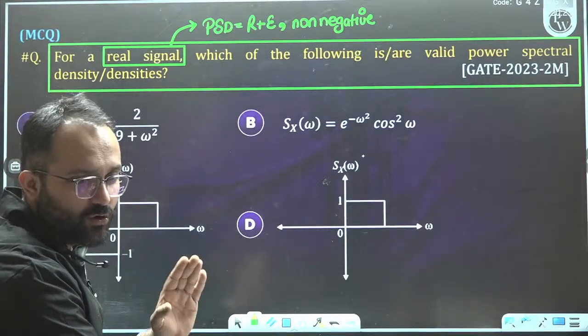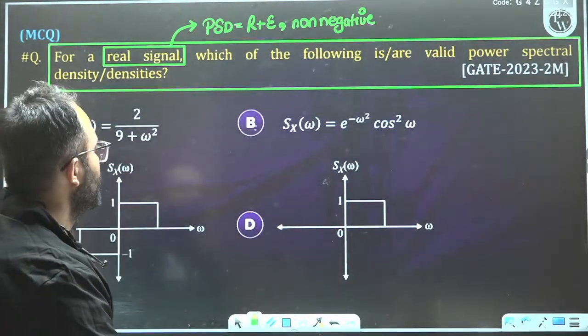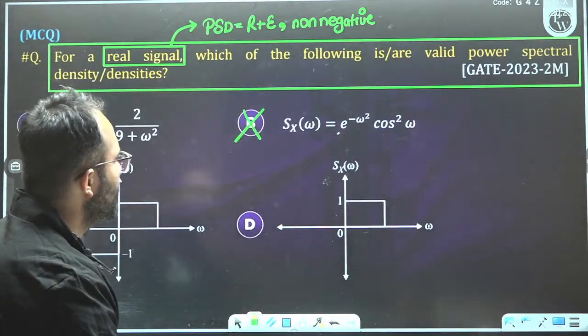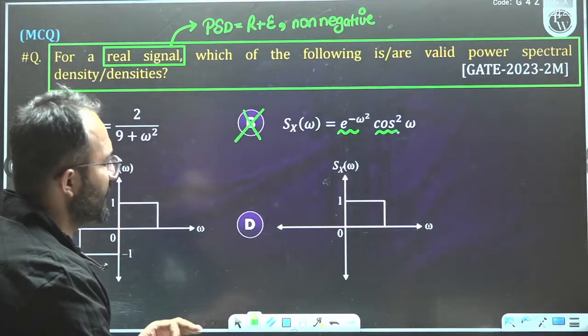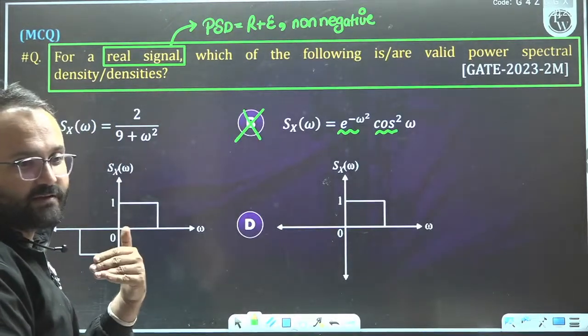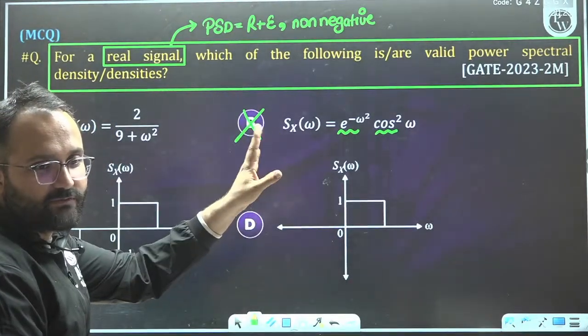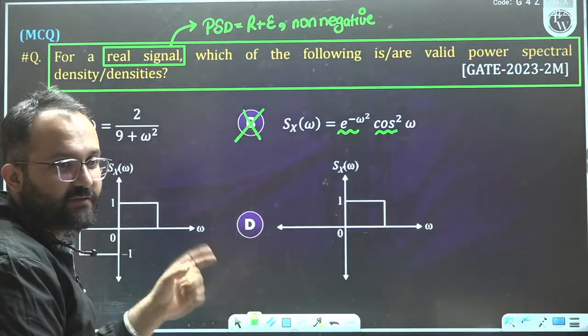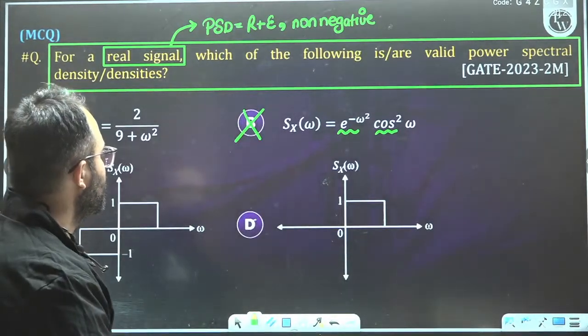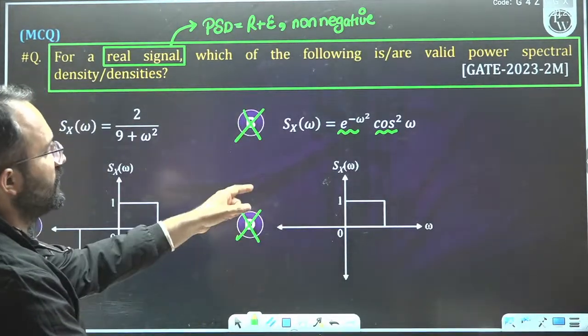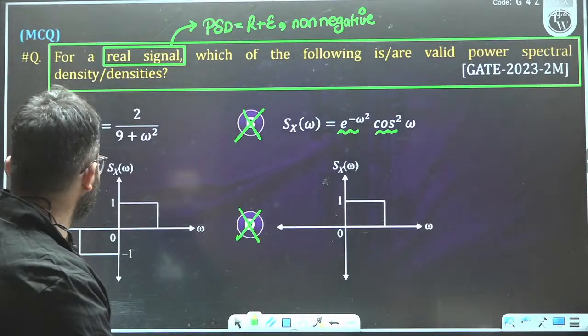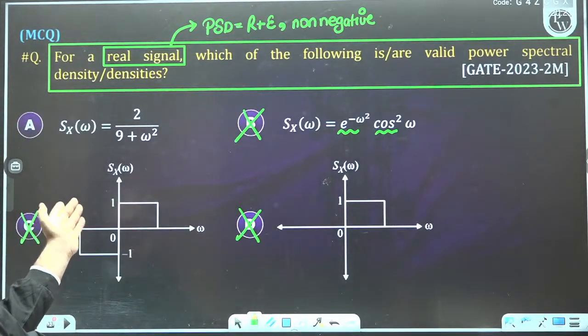It can be 0. It has to be positive. So this option is wrong. This is even. This is also even. Even is fine, but cos will go positive, negative. So this will become negative also. We don't want any negative PSDs. This is wrong because it is not even. This one is wrong because this is not even and it is negative also.